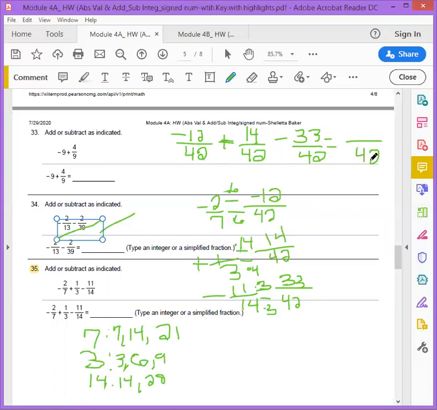And in our numerator, we'll combine. Let's start with the first two digits. Negative $12 in the bank, and then we deposit 14. What will our balance be? It'll be 2. Now, 2 minus the 33. If we have only $2 in our bank account and we take out $33, what will our balance be? It'll be negative 31. So this is our answer, negative 31 divided by 42. And that concludes Module 4A.